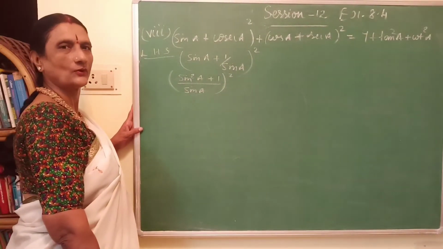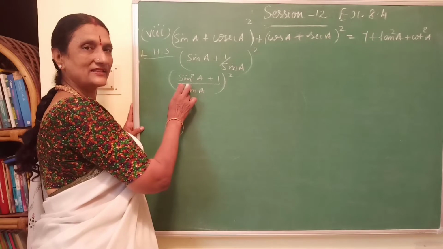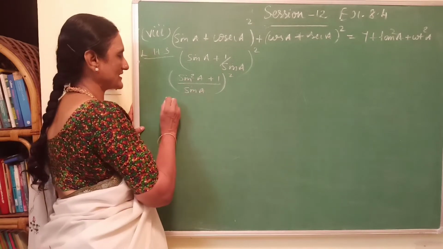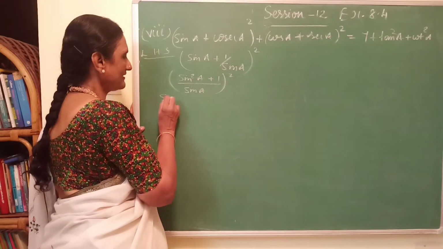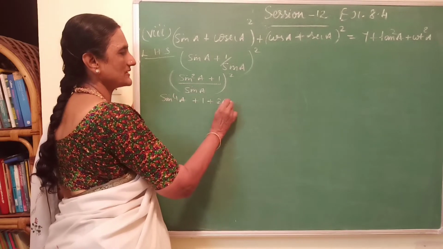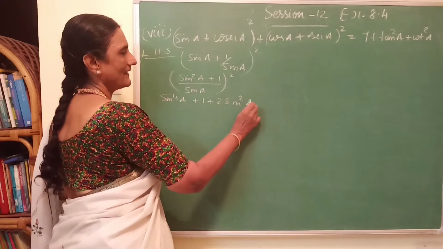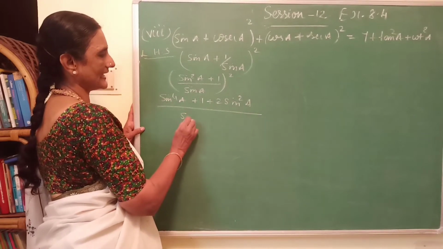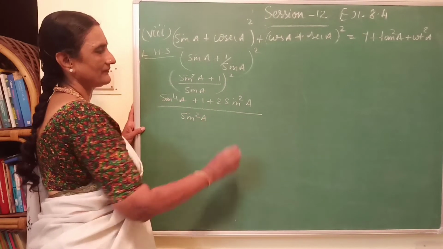If you square it using the (A plus B) the whole square formula, the first term is sin raised to 4A plus 1 plus 2 sin square A, divided by sin square A.